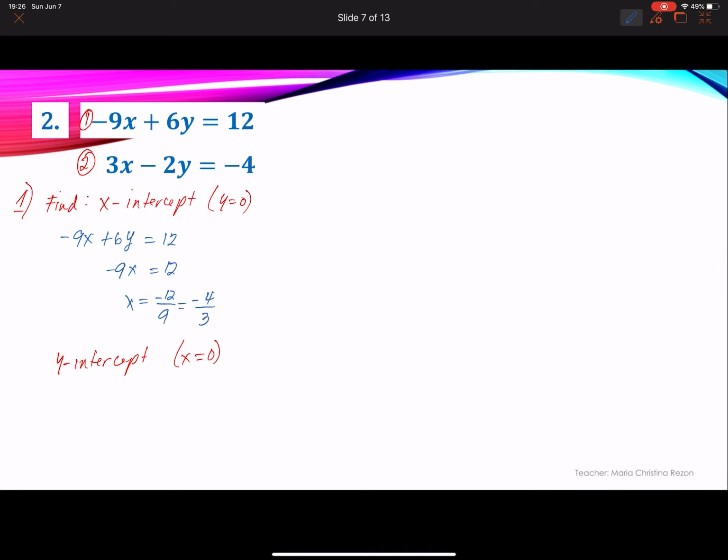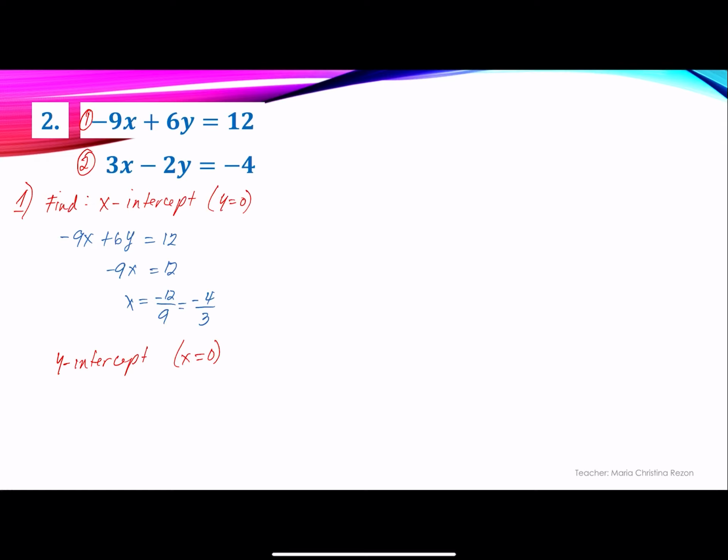Sorry about that. Then let's have the y-intercept. So you have negative 9x plus 6y is equal to 12. Then set x to 0, so that becomes 6y is equal to 12. Then y is equal to 2.